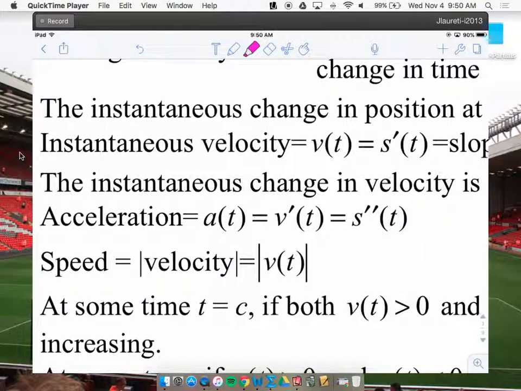So velocity gives you the rate of change of your position, and acceleration gives you the rate of change of your velocity. They're all connected with one another.